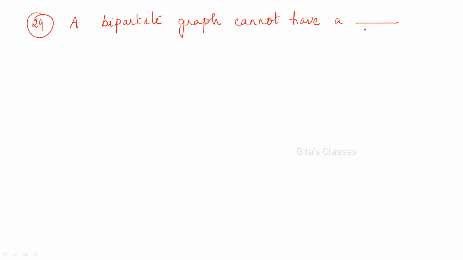Then a bipartite graph cannot have a what? Loop. Actually bipartite means like this.